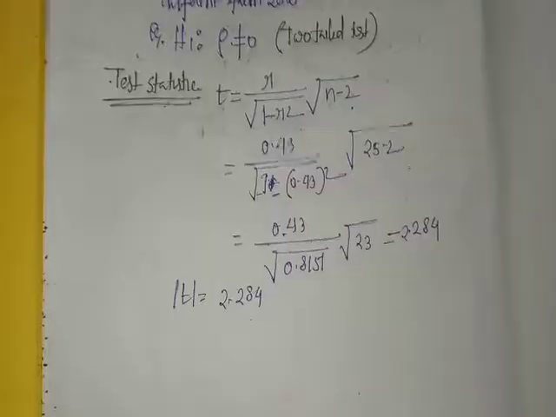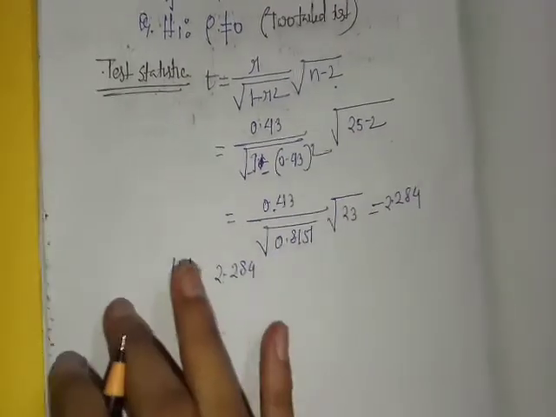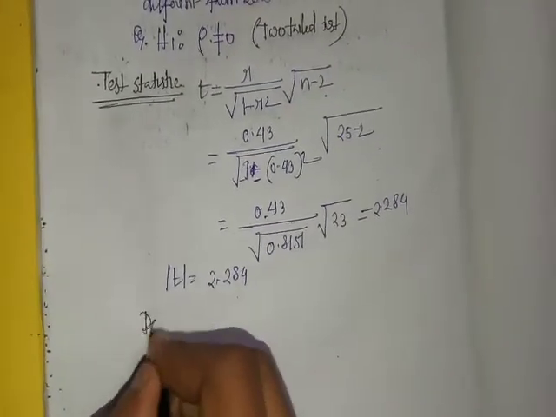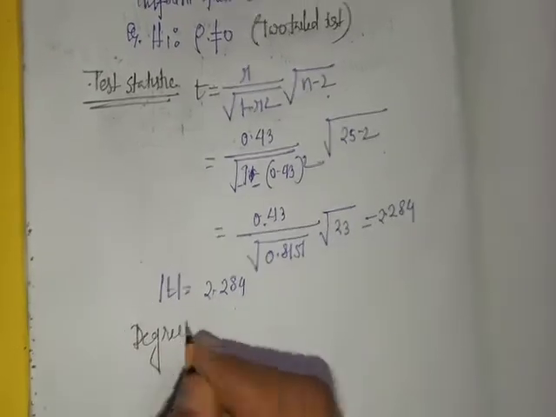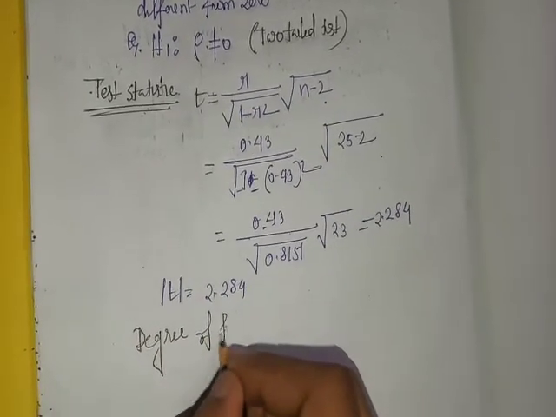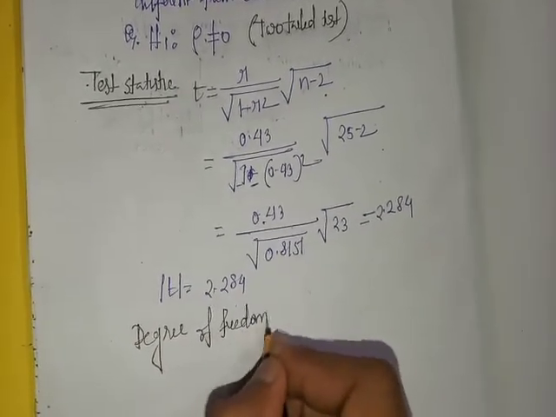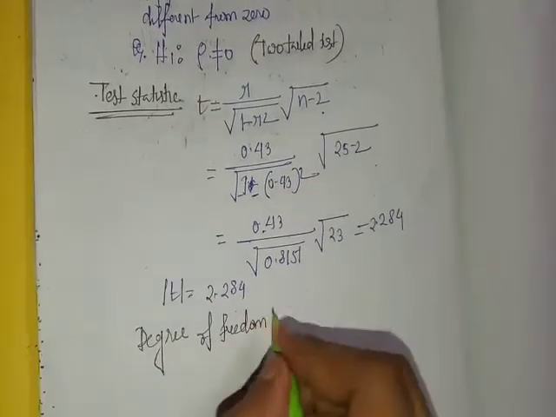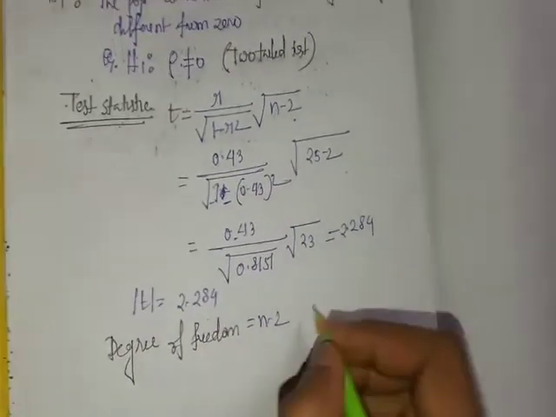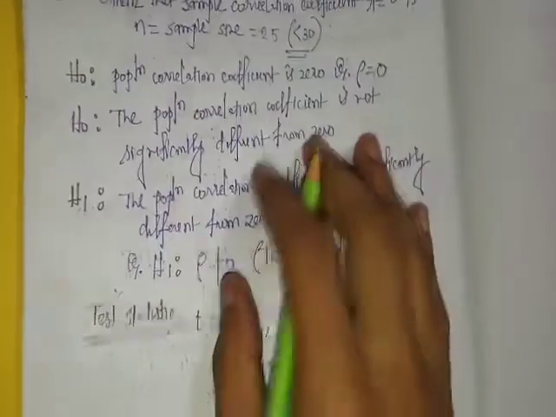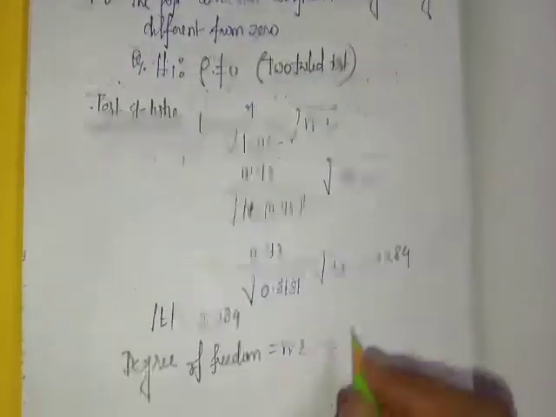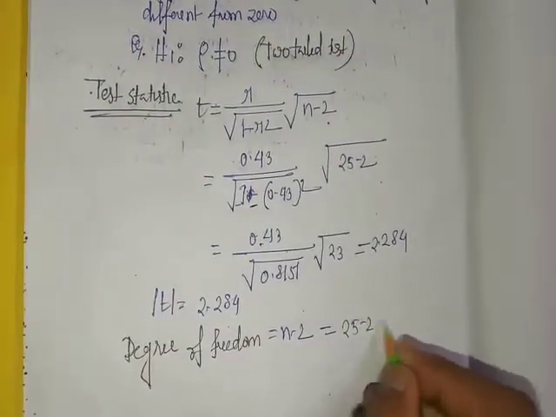Next, degrees of freedom. The formula of degrees of freedom is n minus 2. The value of n is 25, so 25 minus 2 is 23.